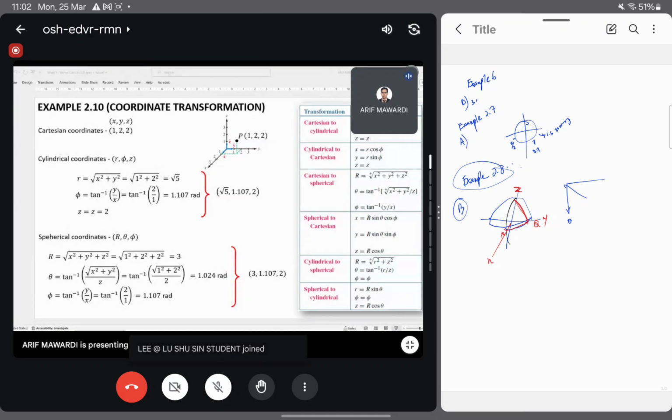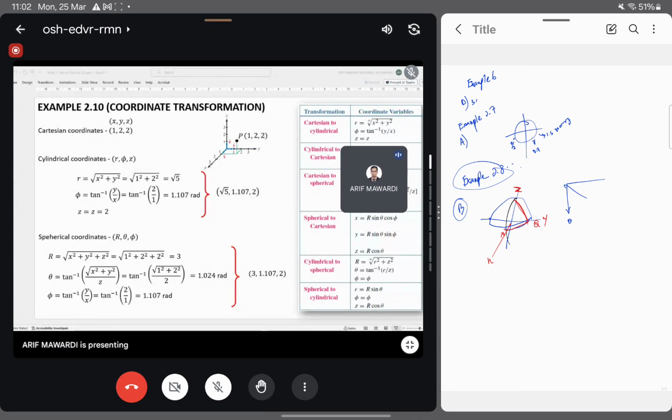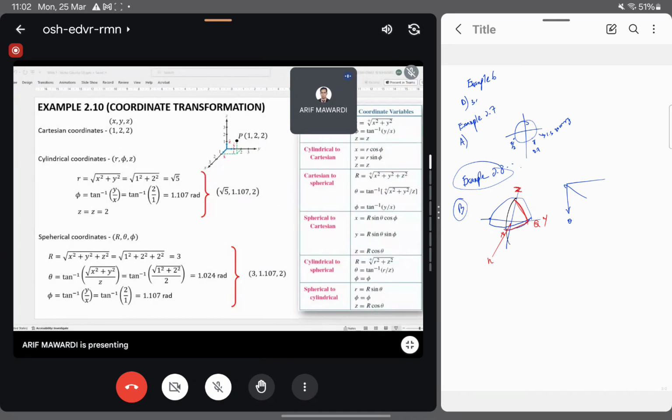So I want to convert from cylindrical to Cartesian. If I refer to this table here, I need to use these three equations.